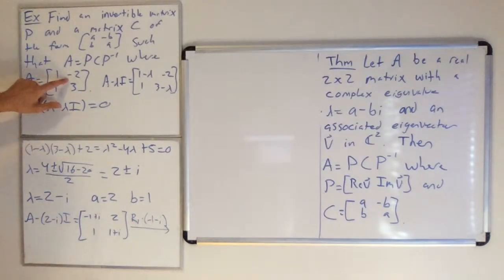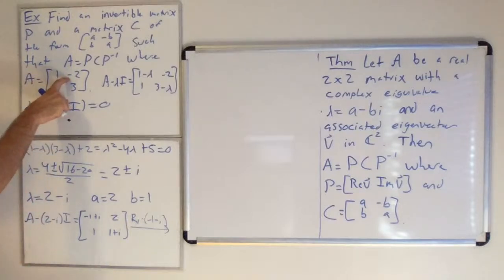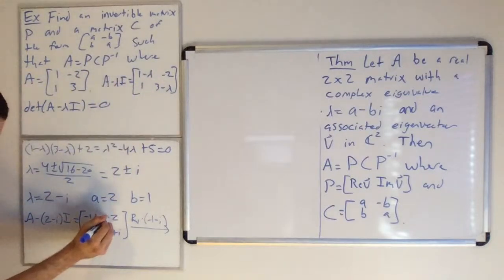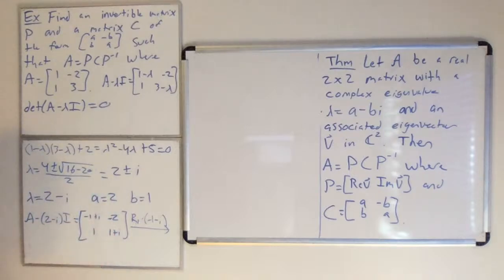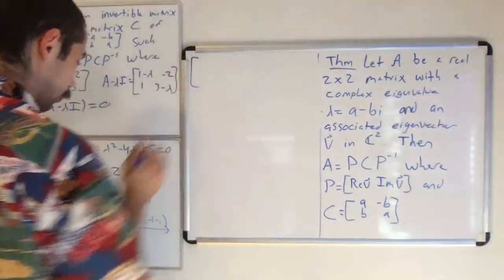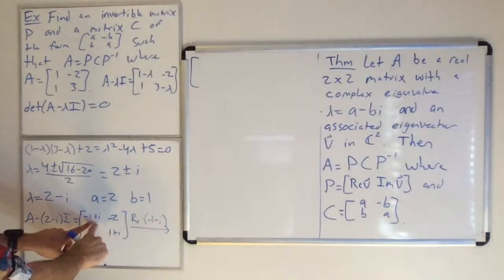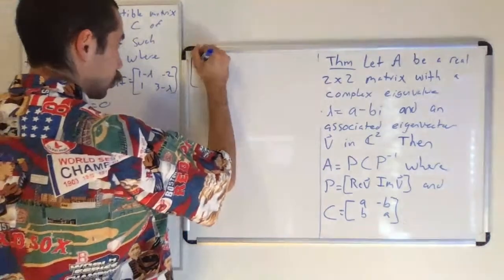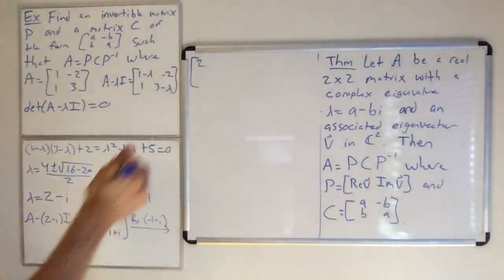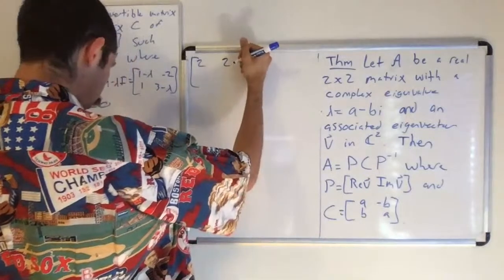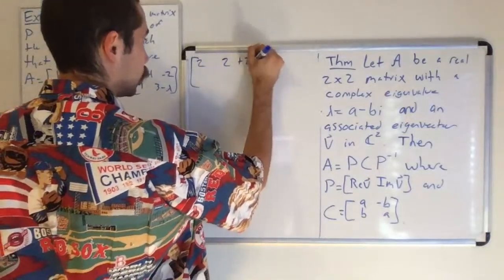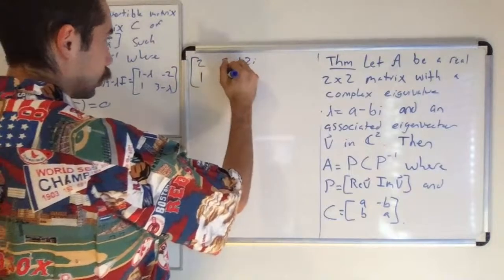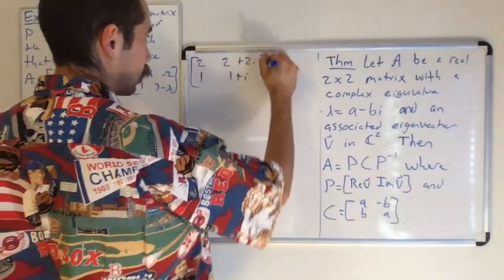Oh, sorry, there's a little bit of a typo here. This negative 2 should be a negative 2. So when we do the complex conjugate, negative 1 plus i times negative 1 minus i becomes 2. Again, you could try that on your own. The next entry is 2 plus 2i, 1 plus i.